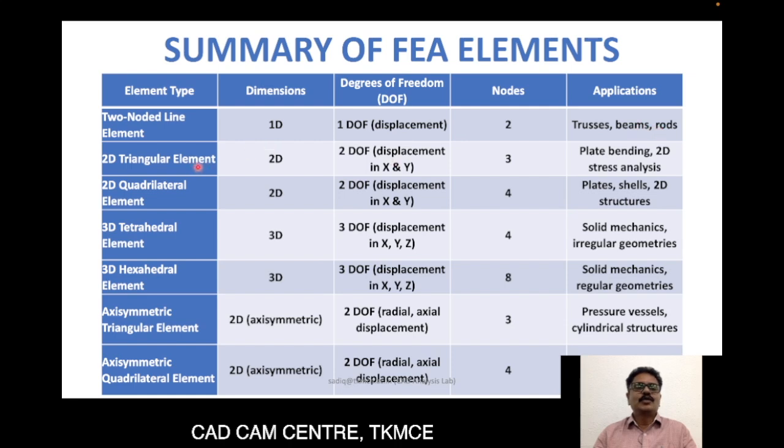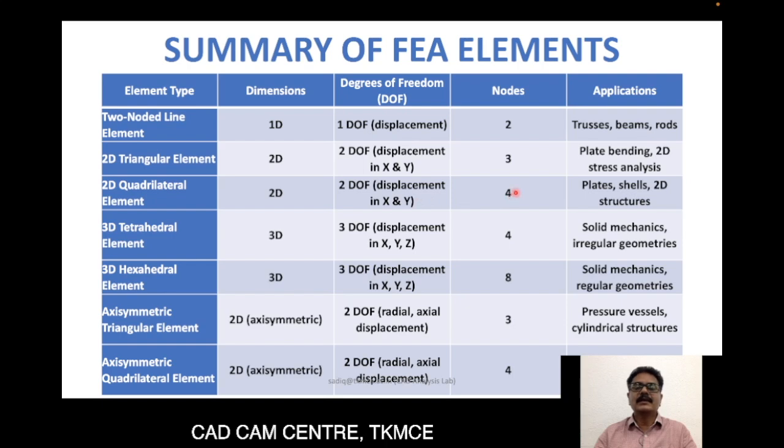There is the 2-dimensional triangular element, looking like a triangle. It has 2 degrees of freedom, displacement in x and y directions. It will have 3 nodes. You can see that a triangle will have 3 nodes. It is used for plate bending and 2D stress analysis. The quadrilateral element is 2-dimensional, 2 degrees of freedom, again x and y.